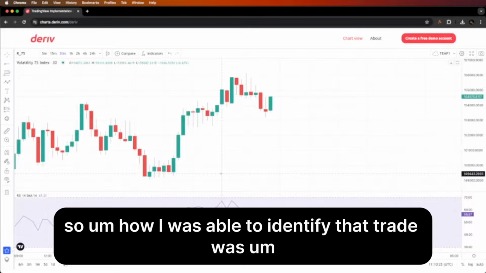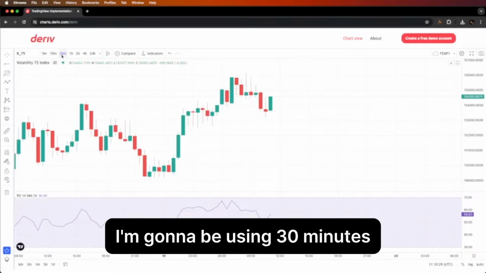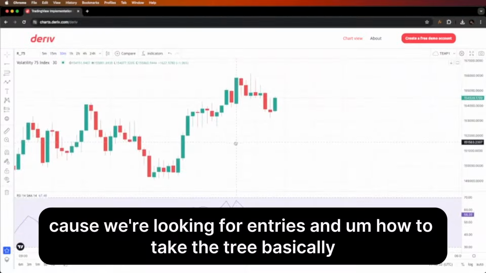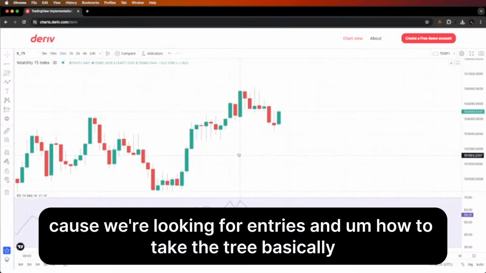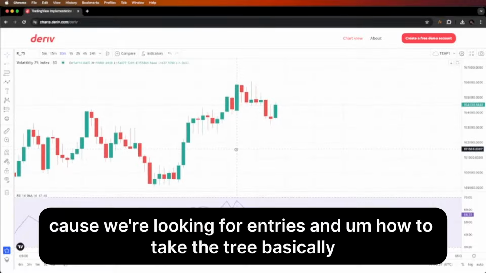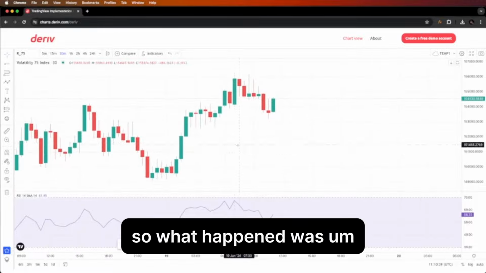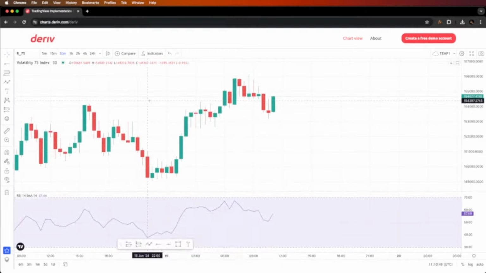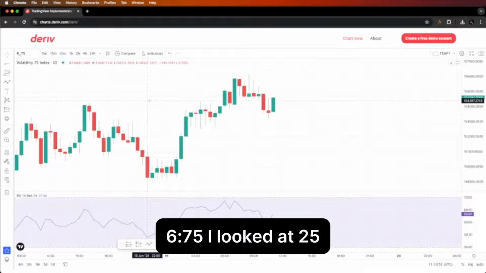So how I was able to identify that trade: I'm going to be using the 30 minute, 15 minute, and 5 minute time frames, because we're looking for entries and how to take the trade. When I got up this morning, I looked at the chart, I looked at VIX 75, I looked at VIX 25.